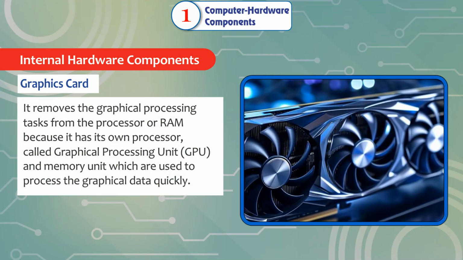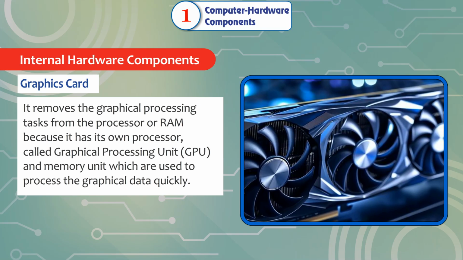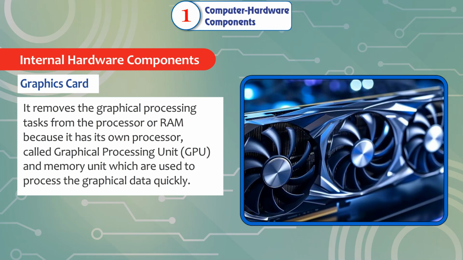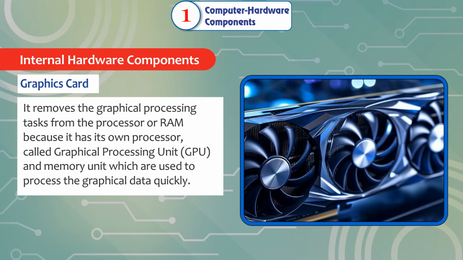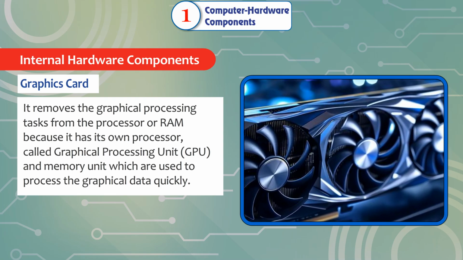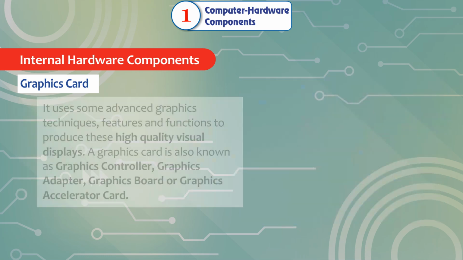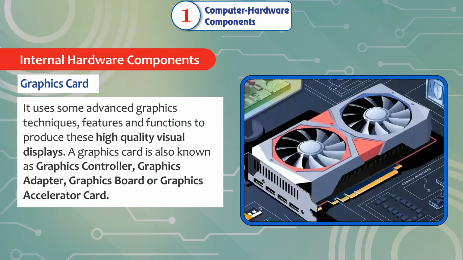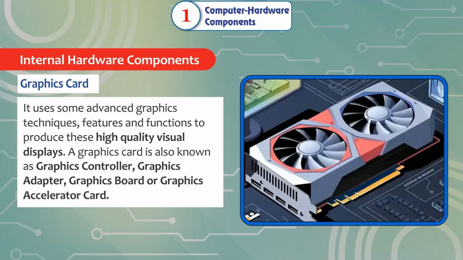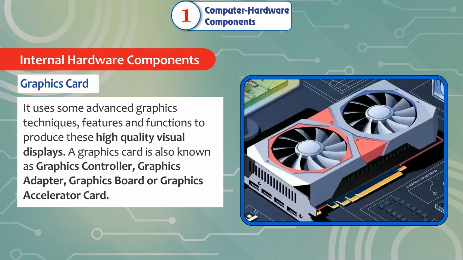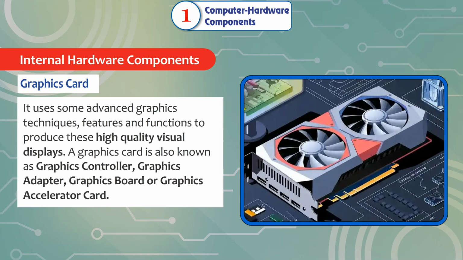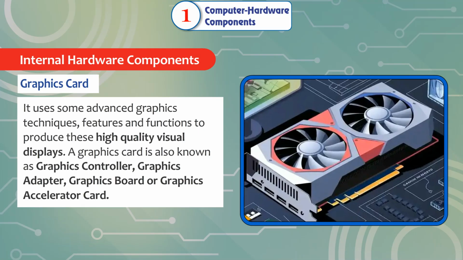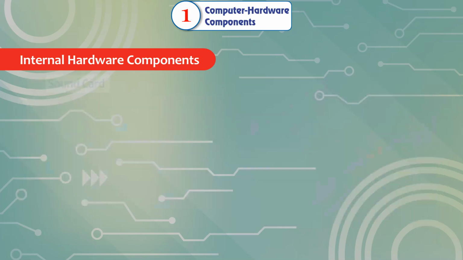It removes the graphical processing tasks from the processor or RAM because it has its own processor called Graphical Processing Unit (GPU) and Memory Unit, which are used to process the graphical data quickly. It uses some advanced graphics techniques, features and functions to produce these high-quality visual displays. A graphics card is also known as graphics controller, graphics adapter, graphics board or graphics accelerator card.